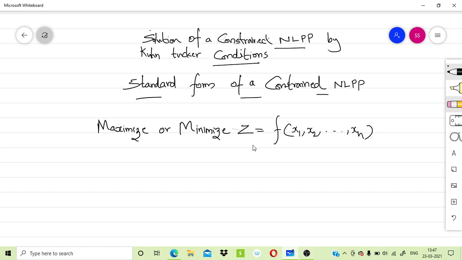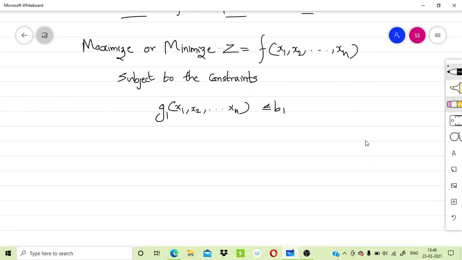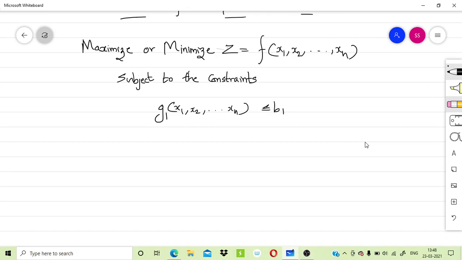And this is subject to the constraints G1, G2, G3, etc. Gm are our constraints. So G1 of x1, x2, etc. xn is less than or equal to b1. We have been regularly using these notations, so you need not explain it.